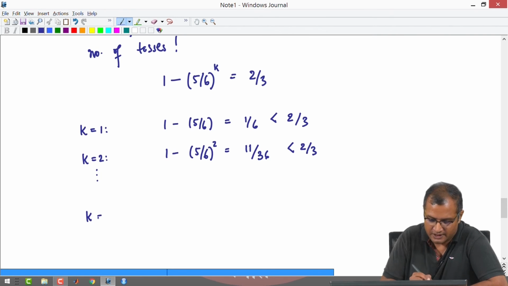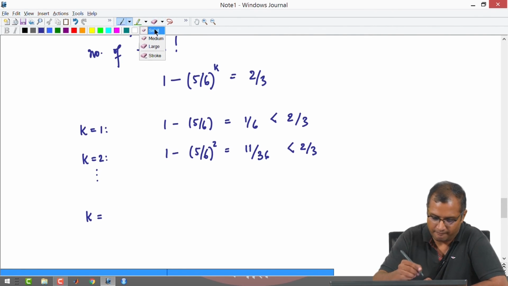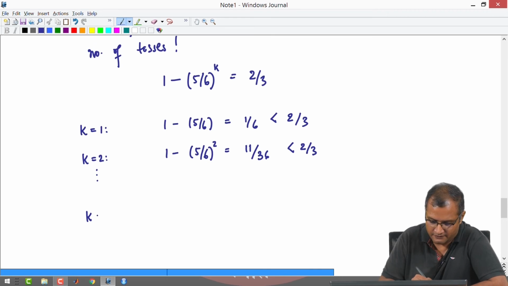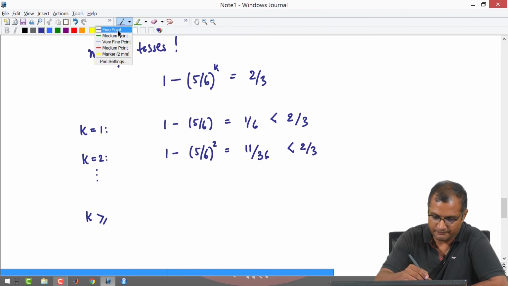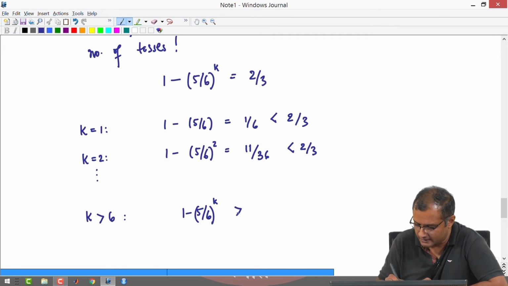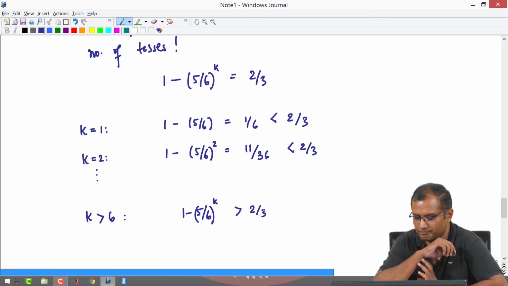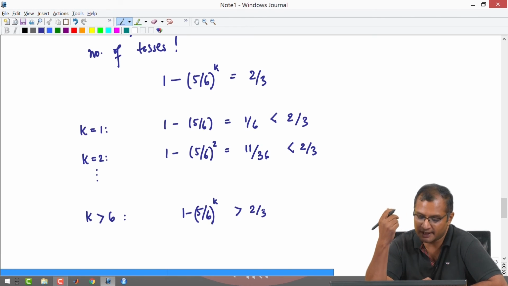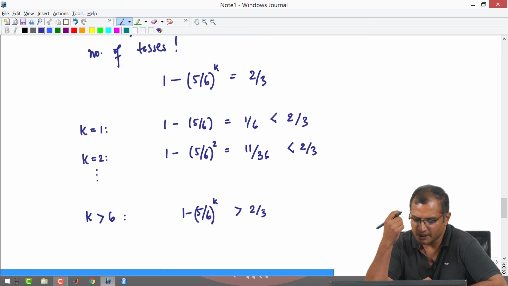Eventually, you will see that for k greater than 6, 1 minus 5/6 to the power k is greater than 2/3, because as k increases, 5/6 to the power k will become smaller and smaller, because 5/6 is already less than 1.